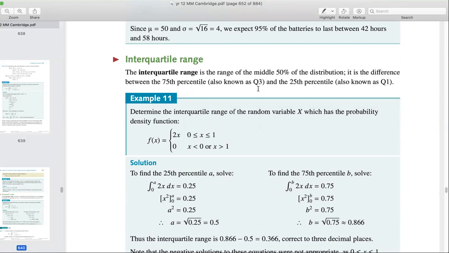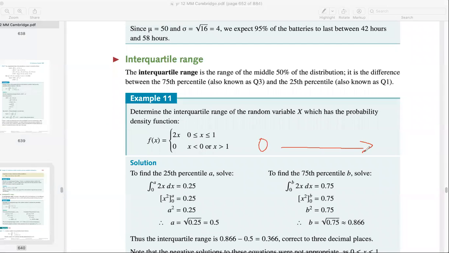Okay, so the last one again can link to our further math. It's the interquartile range, but this one is not that important in math methods. The interquartile range is basically Q3 minus Q1, and Q3 just means the 75th percentile, which is the top 25%, and the 25th percentile refers to Q1, which is the bottom 25%. Okay, so if I make 0 to 100%, my Q1 is over here, 25.